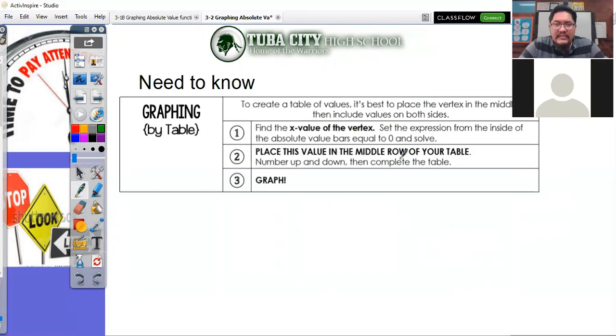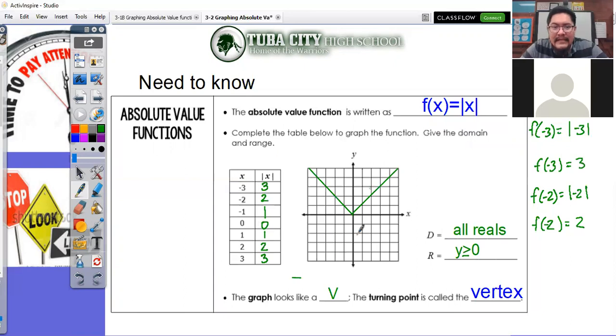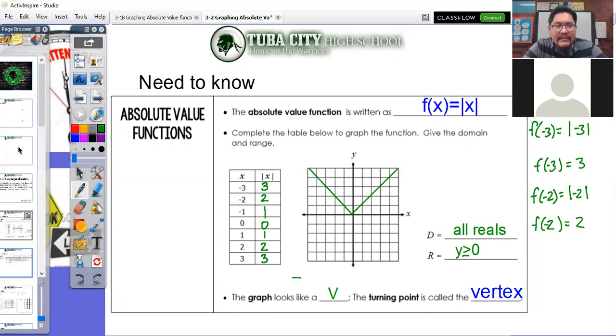Place this value in the middle row of your table and then graph it. So basically what we did with the introduction here. So again, the vertex is in the middle, but this is not the parent function. The parent function is usually very simple, but anytime you change it, it is going to make it more complicated.